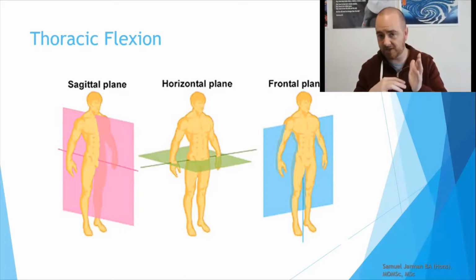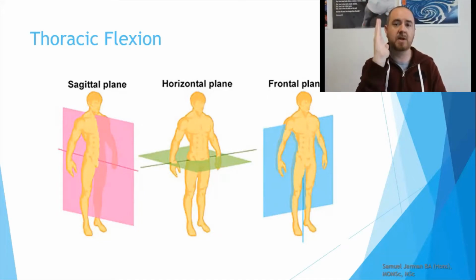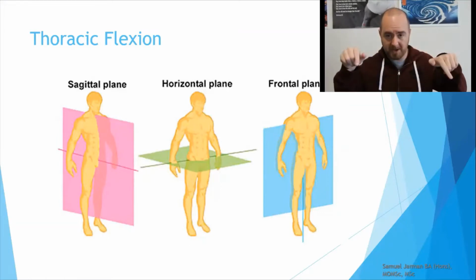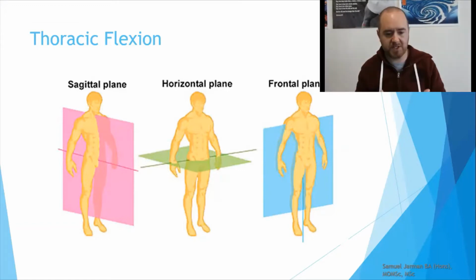Again, translation would be movement across a plane, so it would be a straight line. There would be no axis, and that isn't necessarily something that occurs with normal human active movement in any of these planes. So flexion is forward bending, or bending forwards of the torso or of the thoracic region, in the sagittal plane about a transverse or horizontal axis. So it's forward bending.